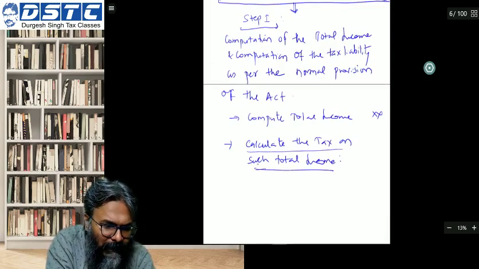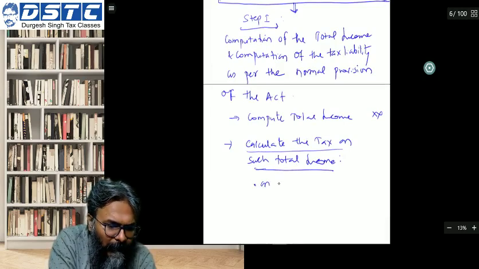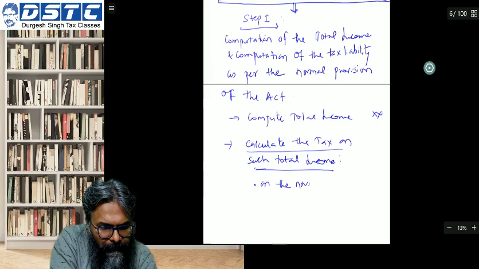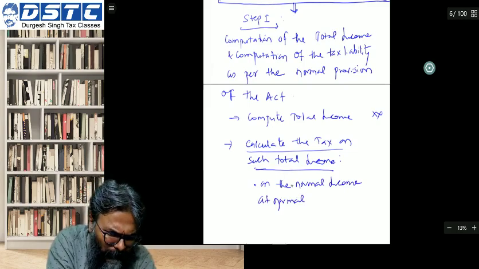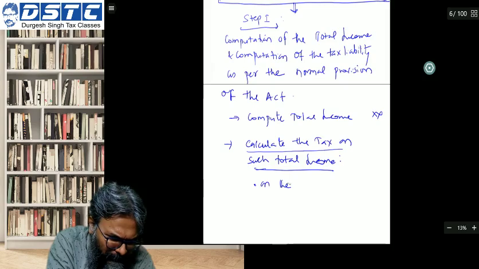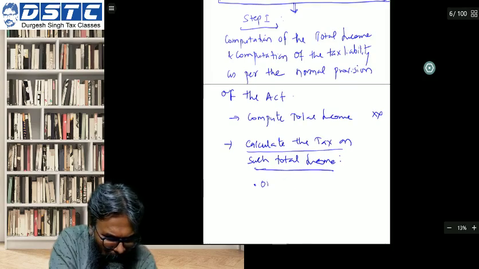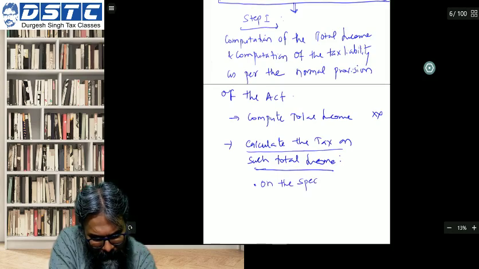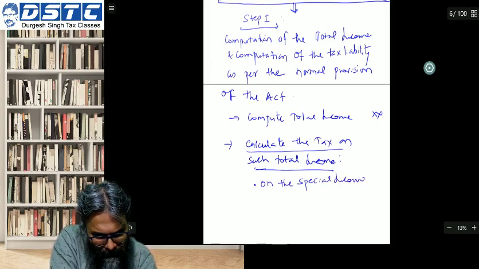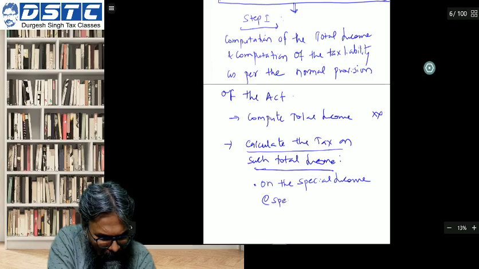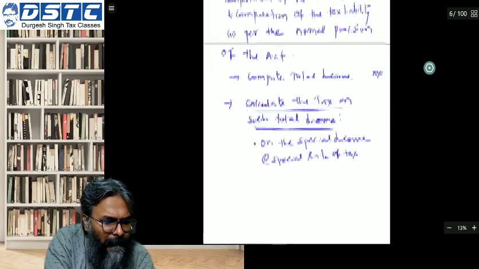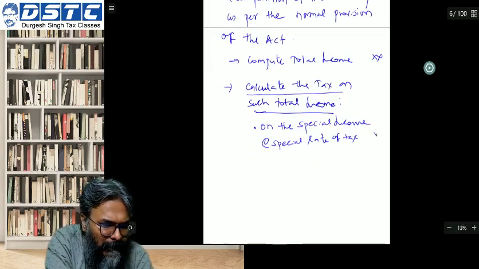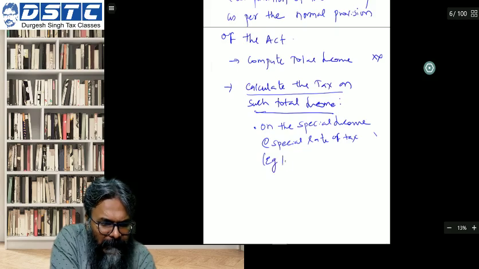So the tax that will be calculated will be on the normal income at normal rate, and on the special income at special rate of tax. I can give an example like lottery winnings.